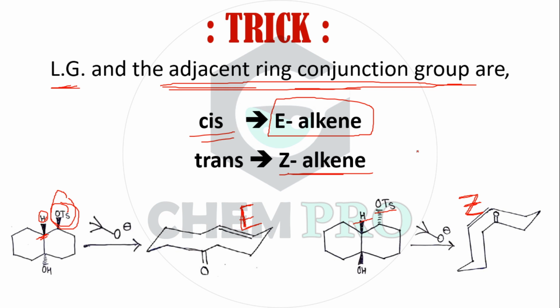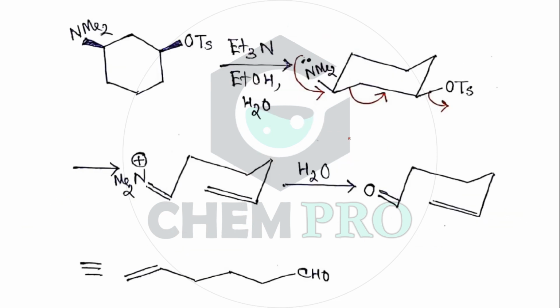So let's check the next example. This is a very easy example. This is a 1,3-difunctionalized conformationally locked system. NMe2 and OTs are the electron donating group and the leaving group respectively.